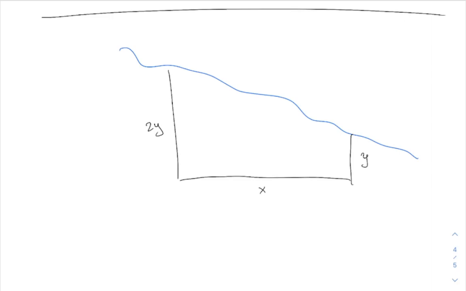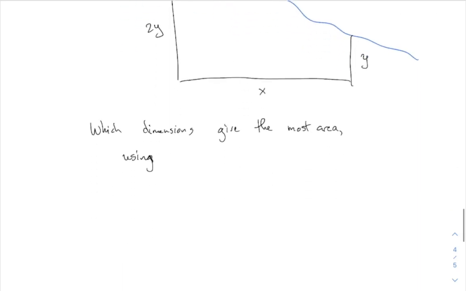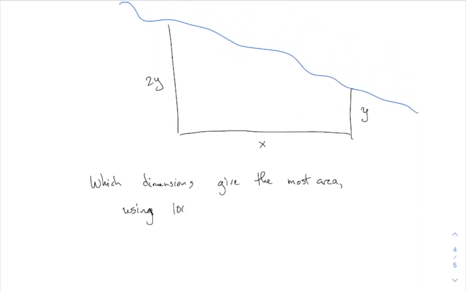And then the question is, which dimensions give the most area? Using, let's say, I don't know if this number is going to work out nicely, but let's just say 100 feet of fence. Actually, I'm going to say 300 feet, because I think that number will work a little bit nicer.